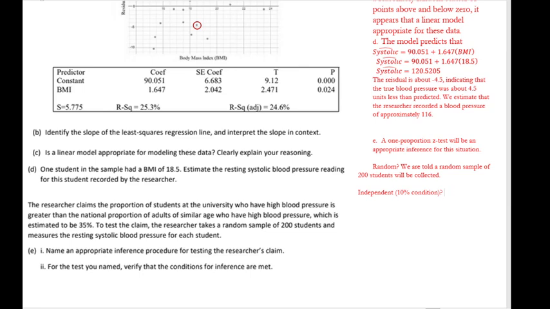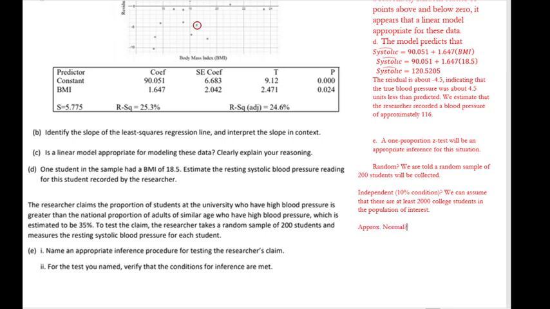So we can assume that there are at least 2,000 college students in the population of interest, that our sample size is less than 10% of the population. And then our last condition is that it is approximately normal.